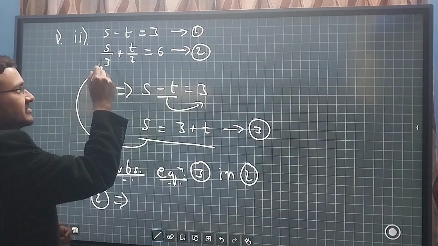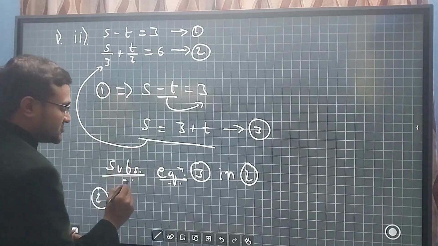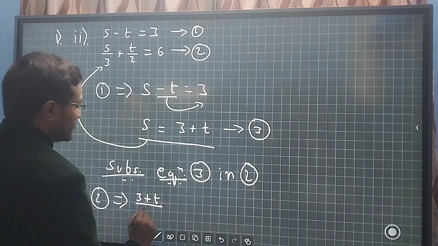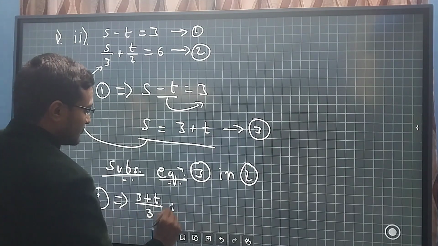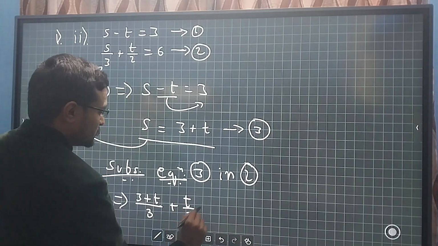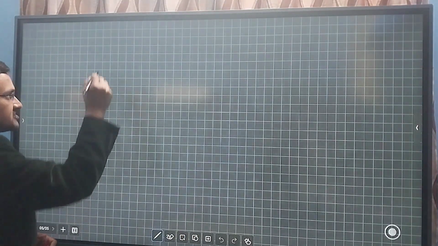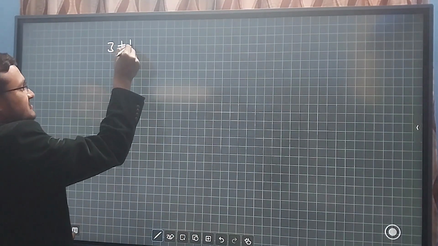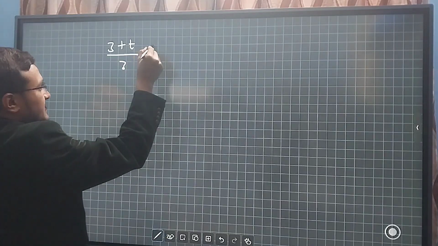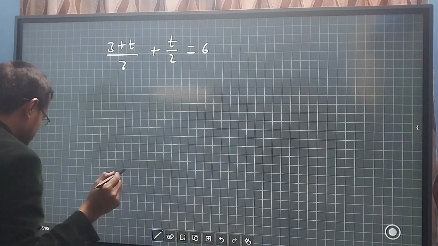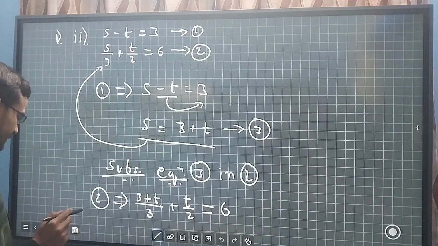In the place of s you have to substitute 3 plus t. So (3 plus t) divided by 3 plus t by 2 is equal to 6. So this we will write in the new slide. (3 plus t) divided by 3 plus t by 2 is equal to 6. So that is the equation which we have here.